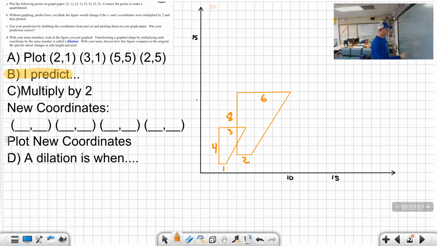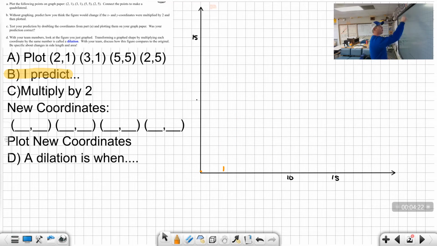You probably also noticed that it doubled the distance away from the origin. It was up 1 over 2, and now it's up 1 over 2 twice. Okay? It's double the distance away. Those are the key relationships I want you to notice as we did this dilation of times 2.